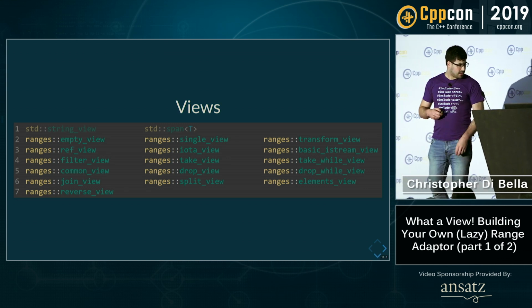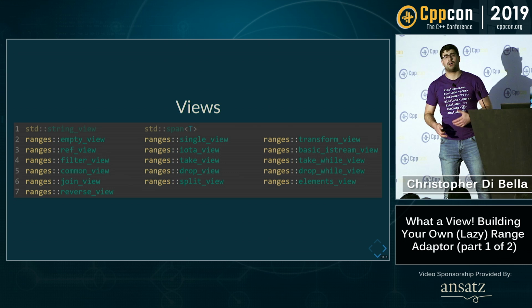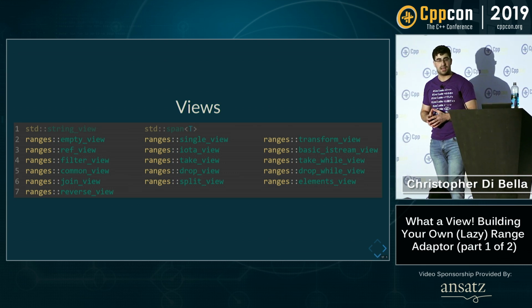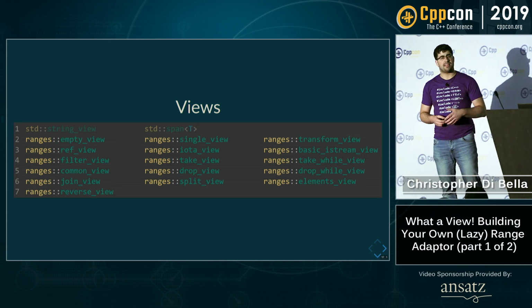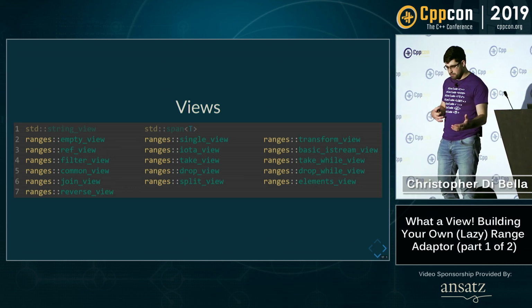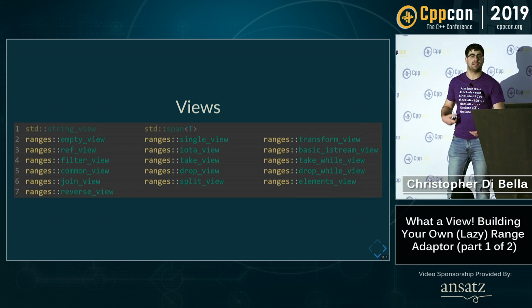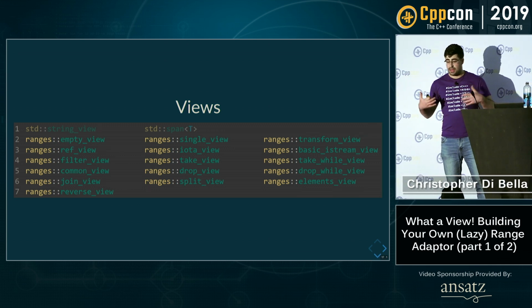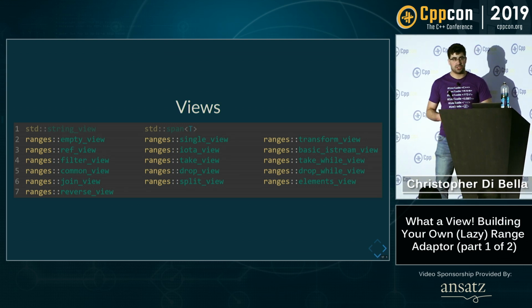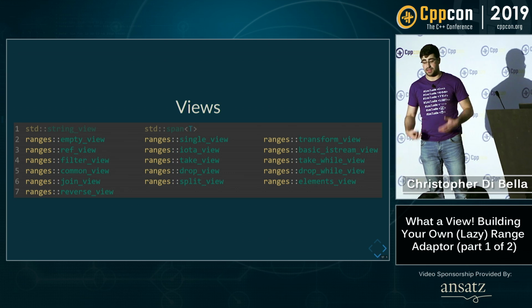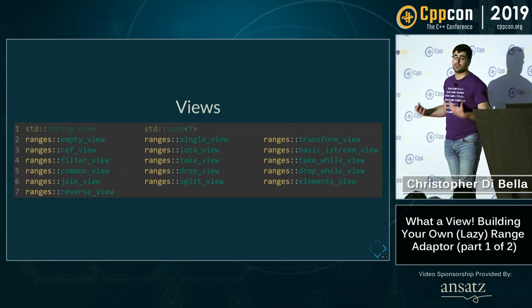There are a large number of views that are out there, just as Sean Parent has quoted Alex saying that there's a very large number of algorithms, and the STL is only a small survey of them. There are many ranges that are out there, and we only have a small survey of them both in the standard library and in the canonical library implementations.